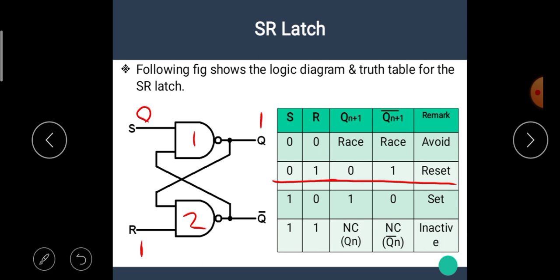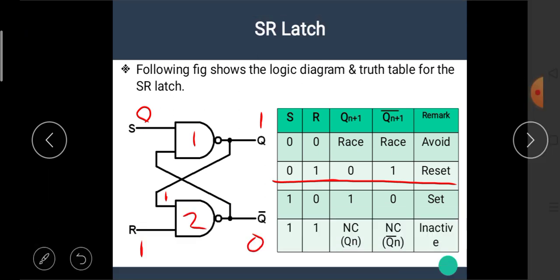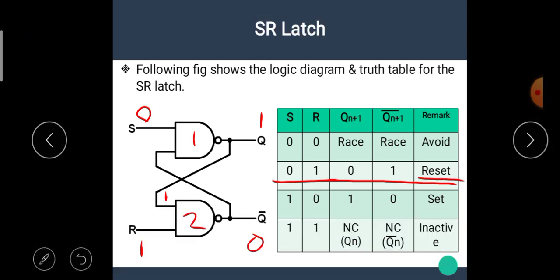Similarly, this one is connected to the input of the second NAND gate, hence here we get 1, and if the NAND gate has both inputs 1 1, then its output is 0. Hence here we get Q equal to 1 and Q bar equal to 0. This condition is called the reset condition.